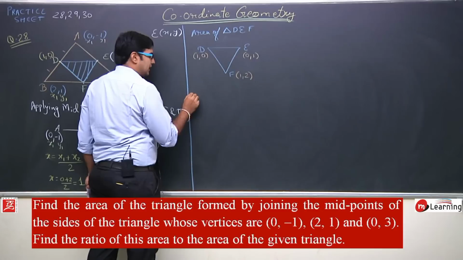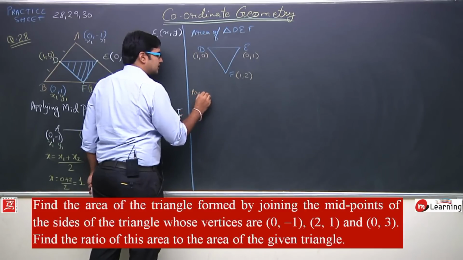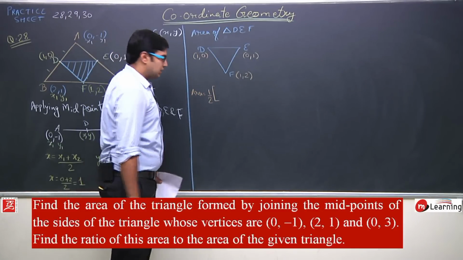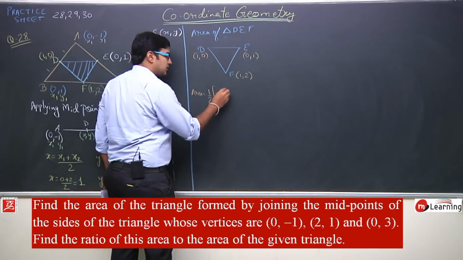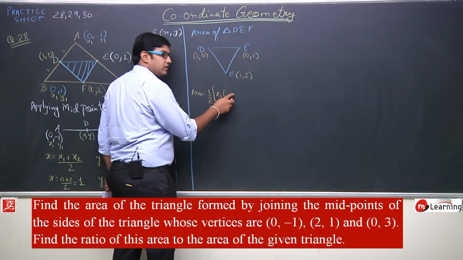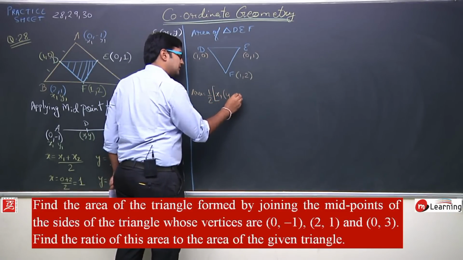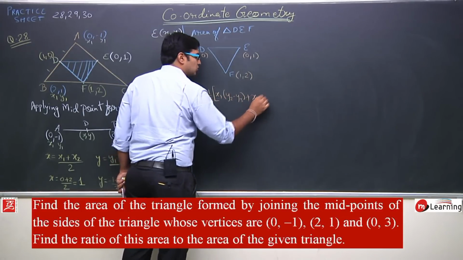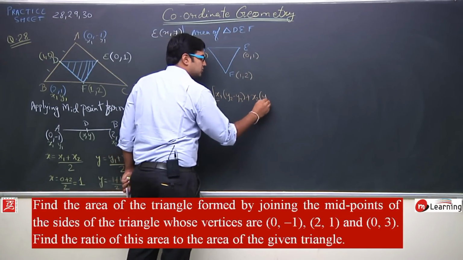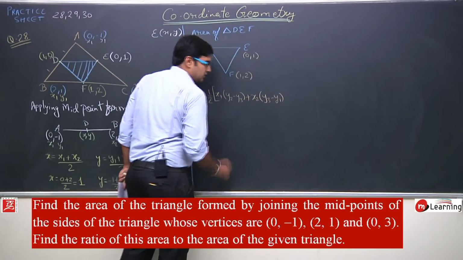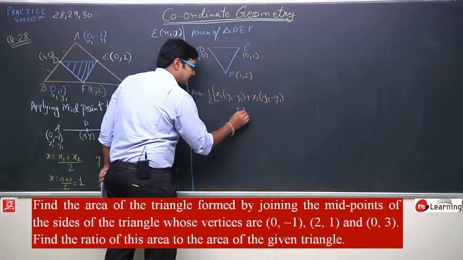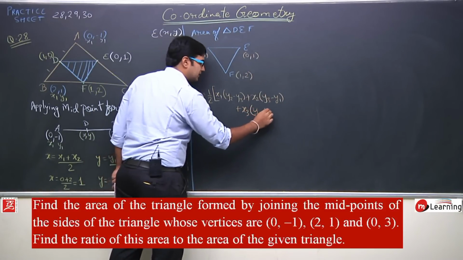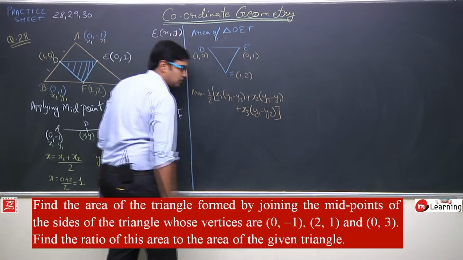So the area of triangle is equal to what? It is half of, to the bracket, let us write the formula. First thing is x1, then to the bracket y2 minus y3, plus x2 to the bracket y3 minus y1, bracket close, plus x3 to the bracket y1 minus y2, bracket close.